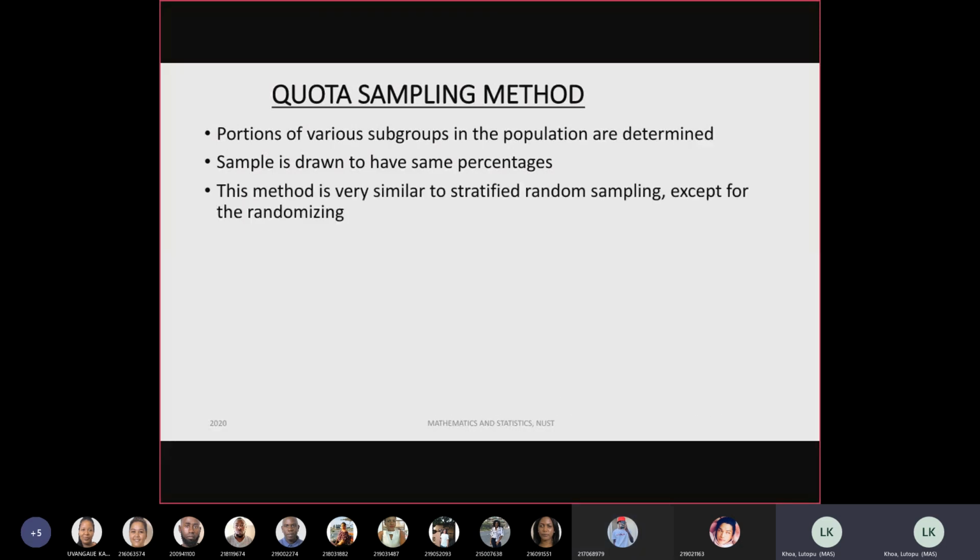Okay, so this method is similar to that of stratified random sampling, except for the randomizing. So remember what stratified is. The population is divided into groups, and those groups are homogeneous.